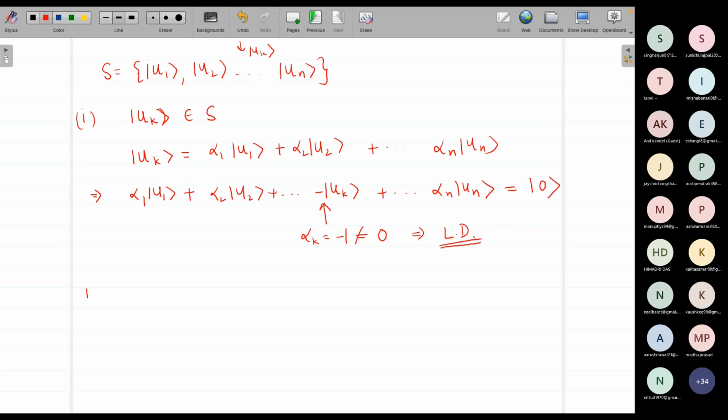Okay, another question. Let's say there exists a vector uj which belongs to this set such that this uj is a null vector. So there exists in this set one vector which is actually a null or zero vector. What about the linear dependence or the linear independence of the set?